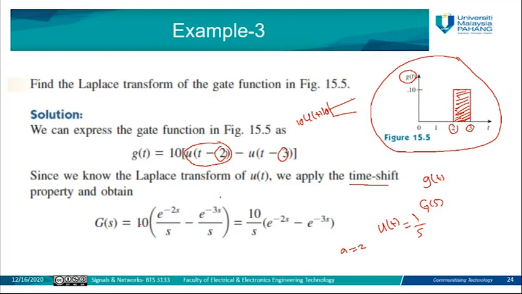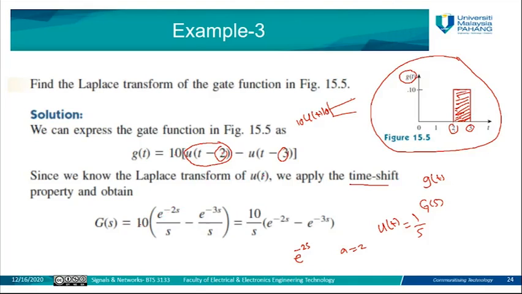So in this case, we are going to multiply by exponential negative a s, which is 2s here. So our a here is equal to 2 based on the main formula that we have. Then we need to multiply by exponential negative a s.